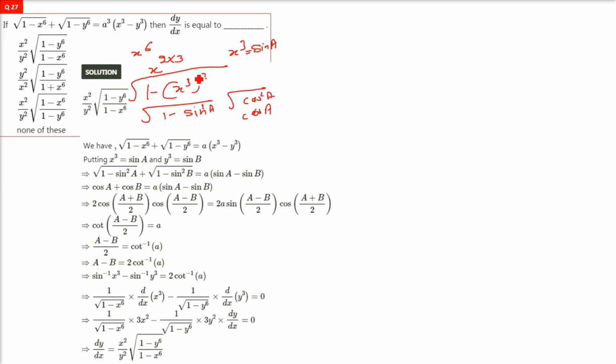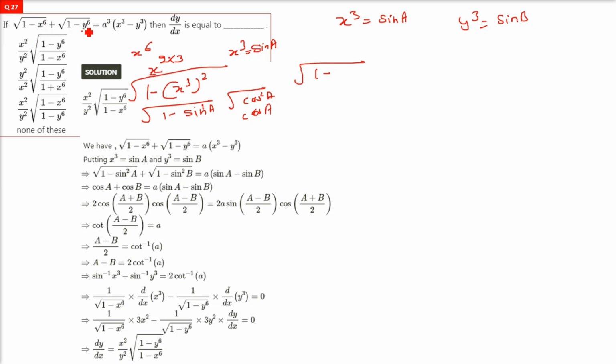Alright. So that's why we will be taking x^3 as sin a, y^3 as sin b. So this will become 1 minus x^6.